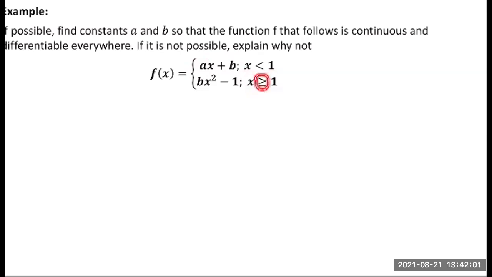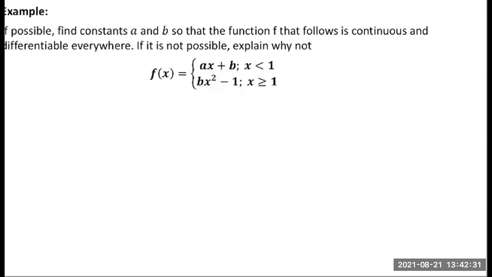Here you have a greater than or equal sign, but think about when x is strictly greater than 1, this is again a differentiable function, because this is a power function, this is a constant function. A combination of power function and constant function is again differentiable. So this function is differentiable when x is strictly less than 1, and differentiable when x is strictly greater than 1.